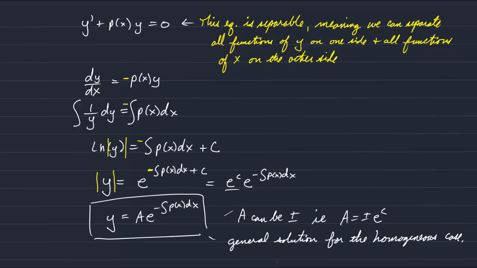Now, to find the specific solution for a given initial condition, we would have to solve for A. So in other words, A is determined from a specified initial condition.